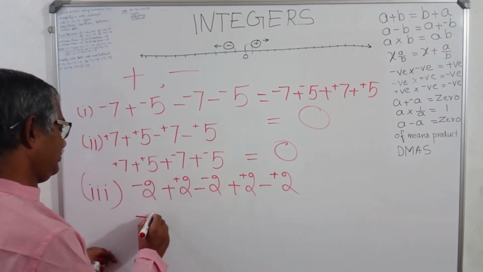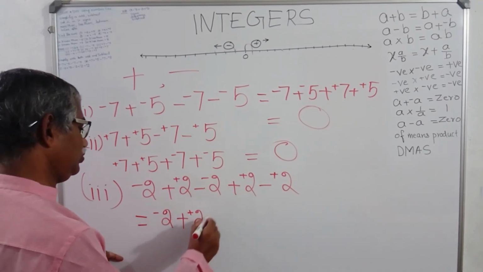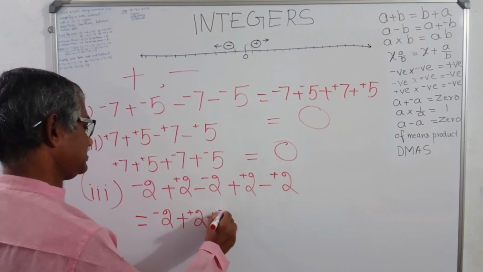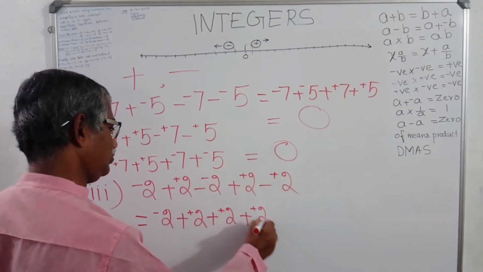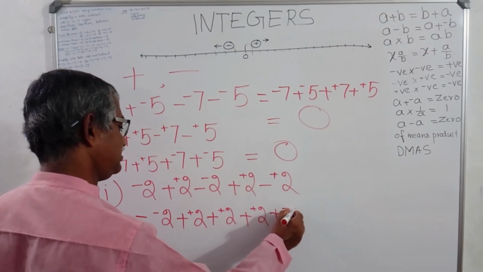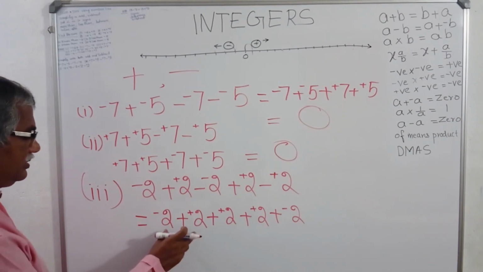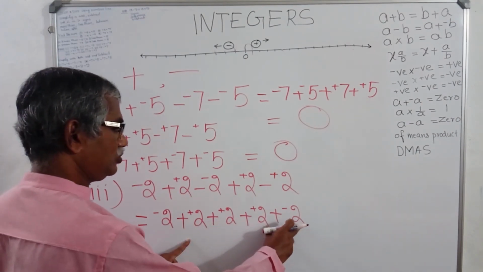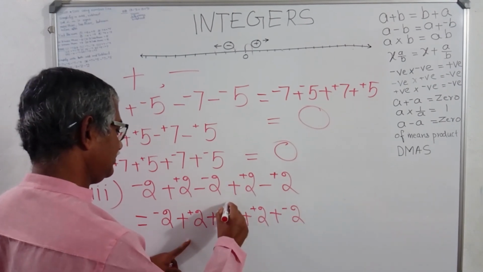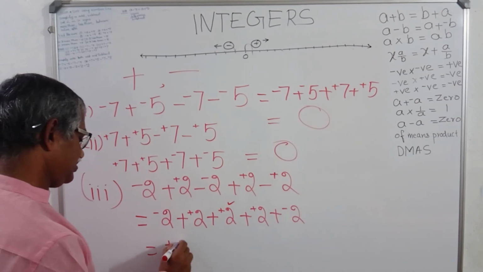It is equal to negative 2 plus positive 2 plus positive 2 plus positive 2 plus negative 2. Simply look, negative 2, positive 2, 0. Again, negative 2, positive 2, 0. Only plus 2 remains. Positive 2.